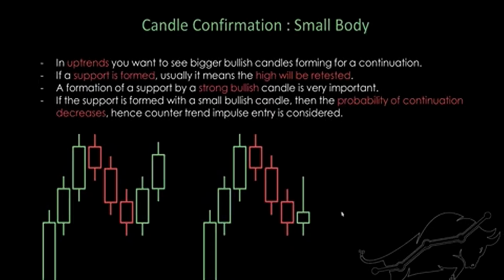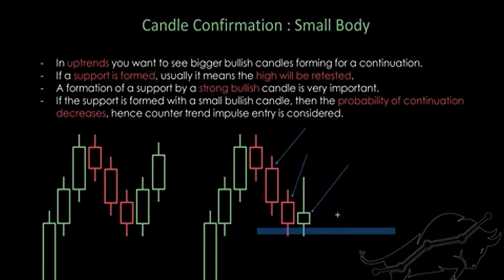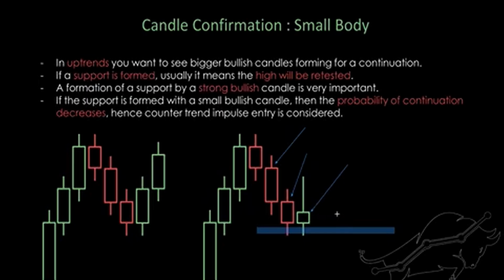Since this is a bullish candle, and a bullish candle forming after a bearish candle means there's a support formed, right? Now, notice how big of a volume this candle has right here. There's a lot of volume here. This candle is closing a weak bullish candle, right? This means there's bullish volume, but it's not enough for the next candle to continue moving bullish.